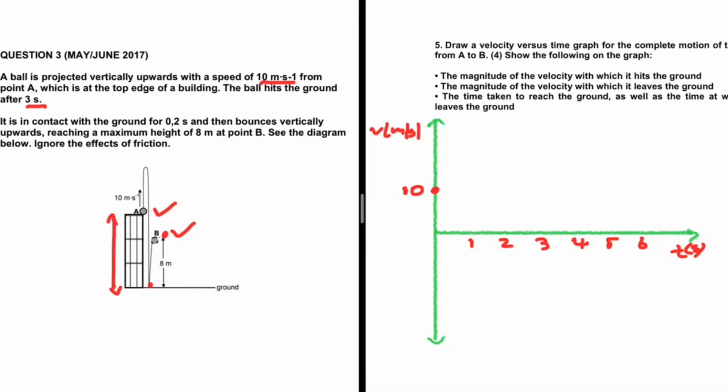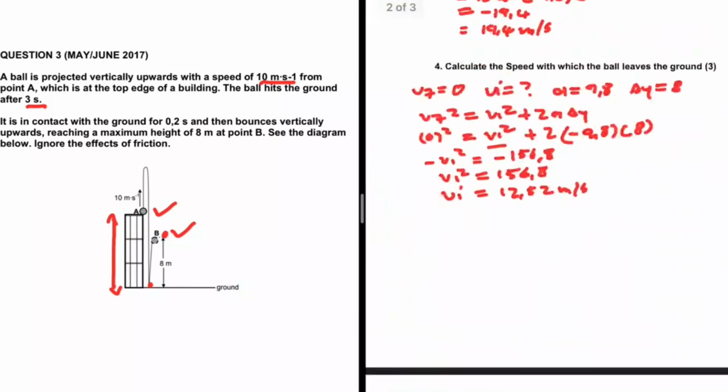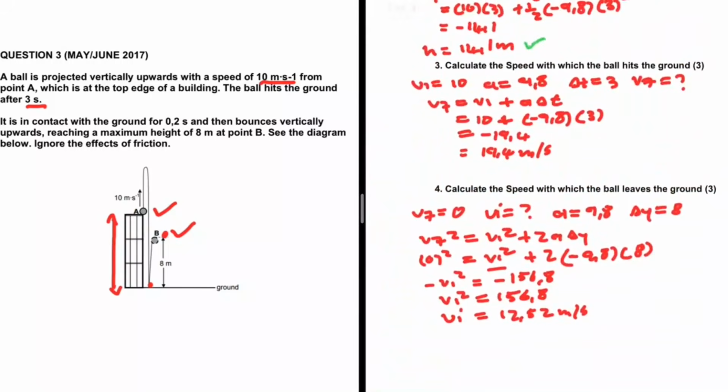We don't have the time taken to reach maximum height, but we have the time taken to hit the ground. But what is the magnitude of the velocity as it hits the ground? We calculated that above. The velocity is 19.4 meters per second, and then as it leaves the ground it is 12.52.